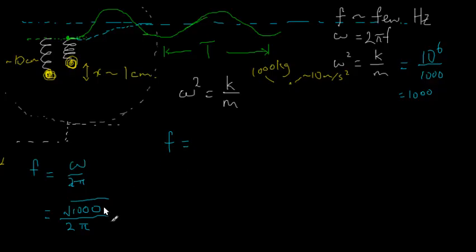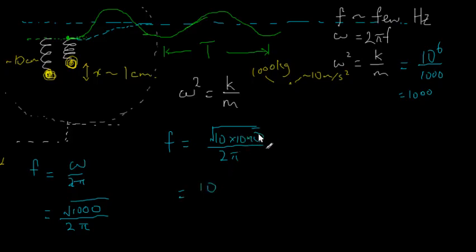So 1000 is really the same as 10 times 10 times 10. Divide by 2 pi. For the 10 times 10, if I take the square root, I just get 10.